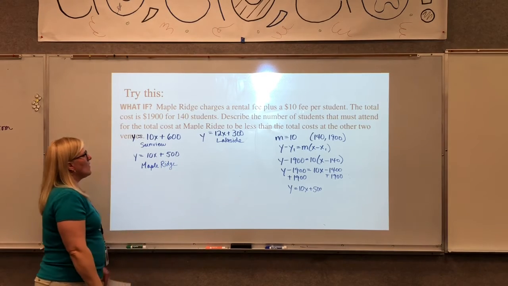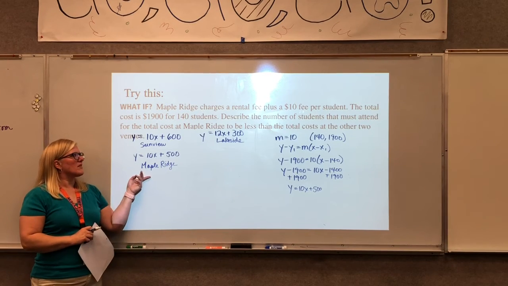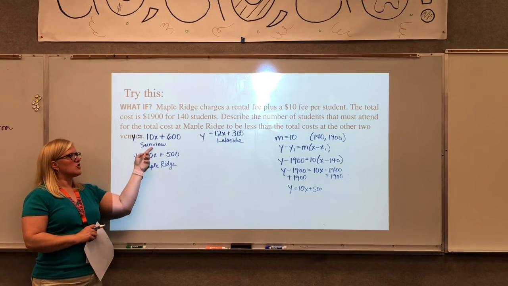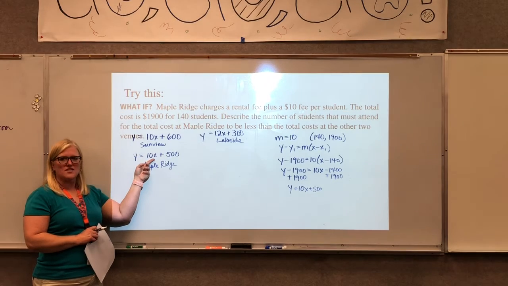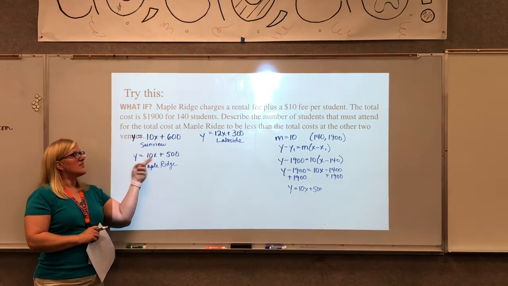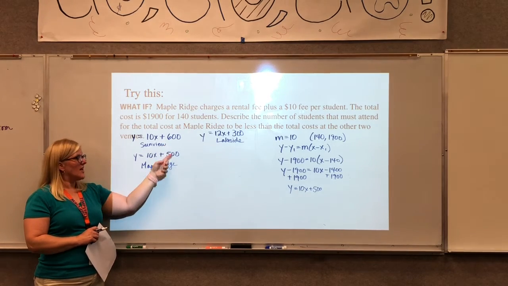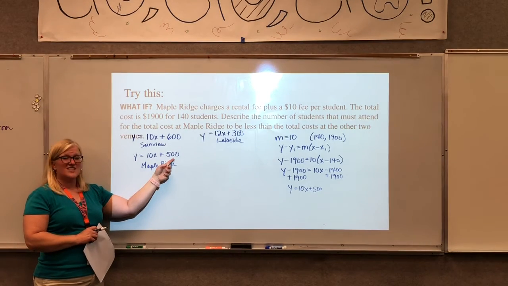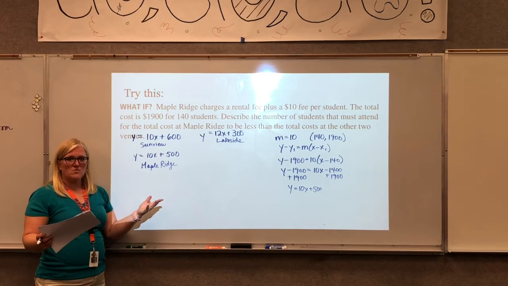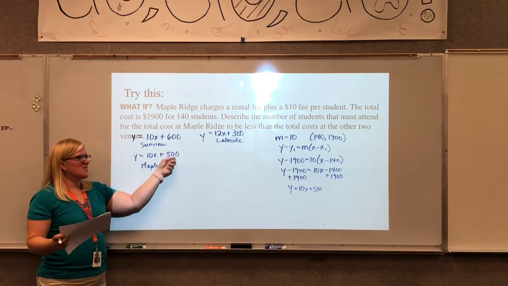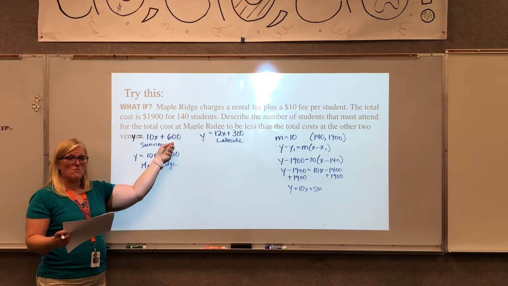Okay, well, look at these two equations, they are almost exactly the same. The difference is, at Sunview, the down payment is 600, and at Maple Ridge, it's 500. So, which one would be better? I mean, they're exactly the same, except this one's gonna get more money.